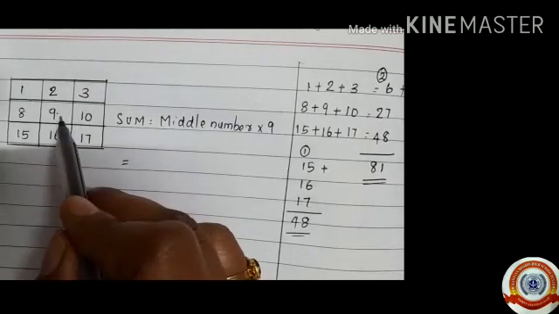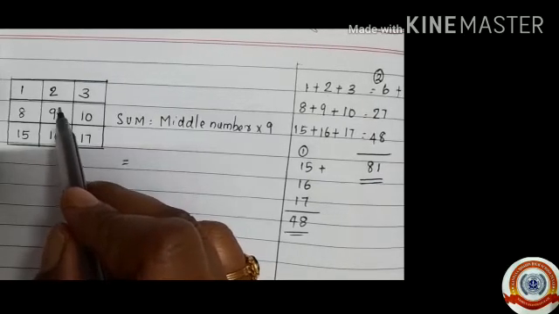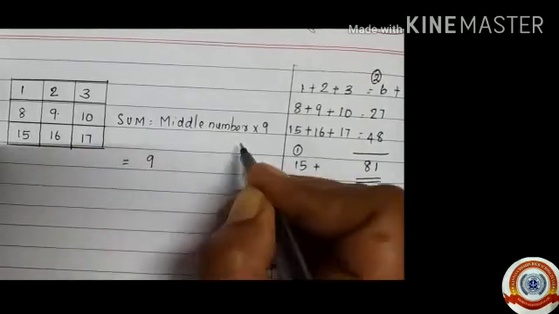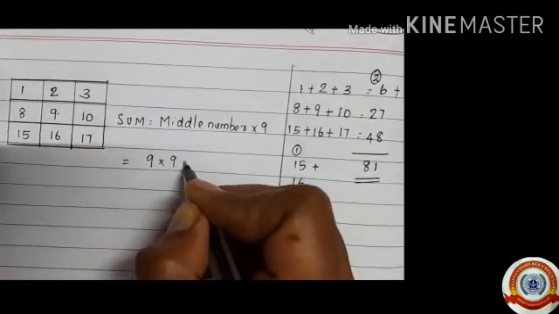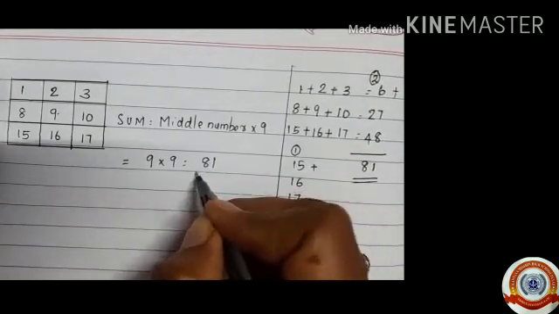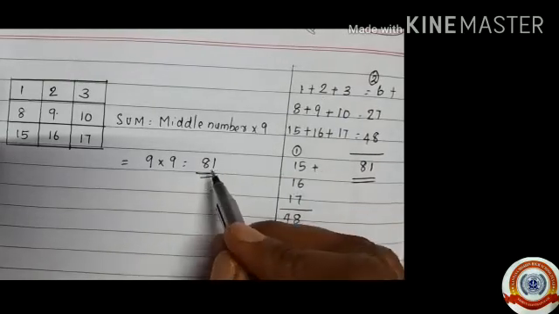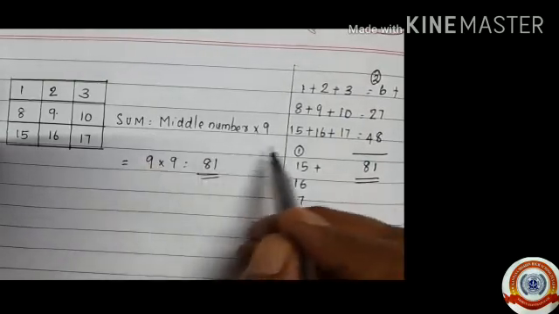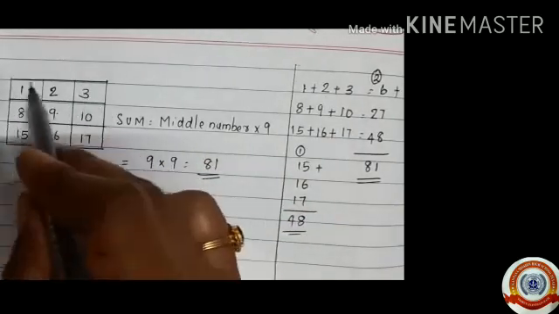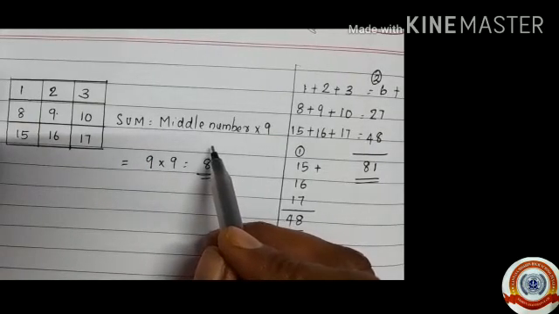Here, 9 is the middle number. So, 9 into 9. 9 into 9, 81. We get the same answer. So, we can use this formula to find the sum of the numbers in this box in a part of a calendar.